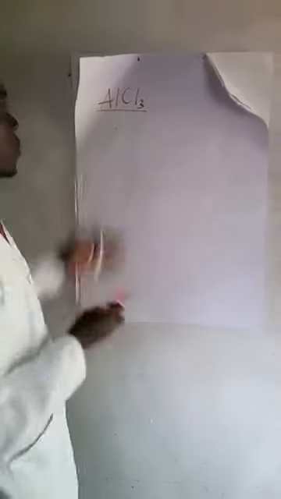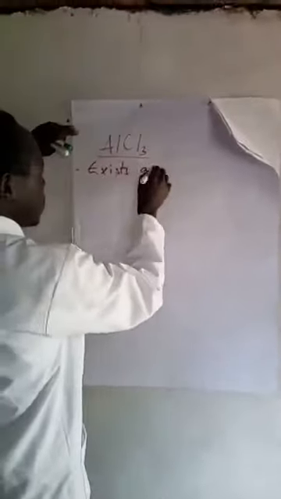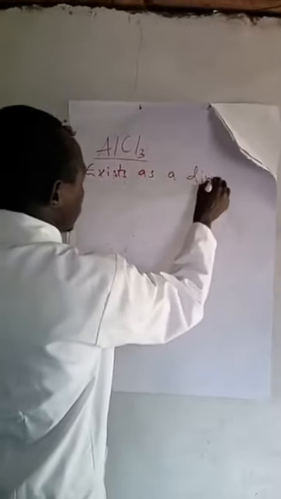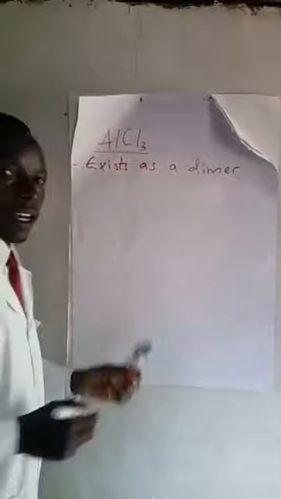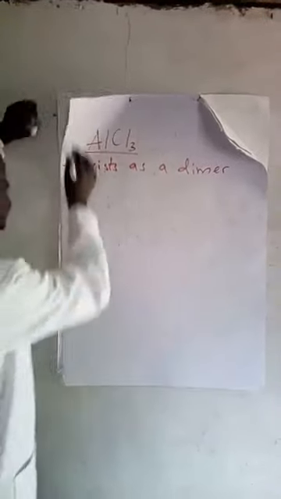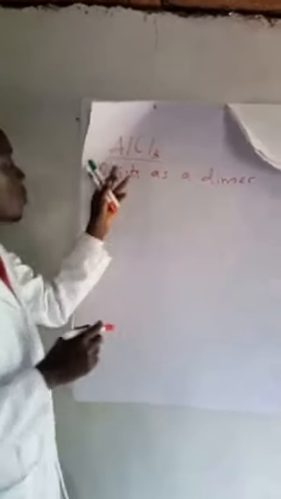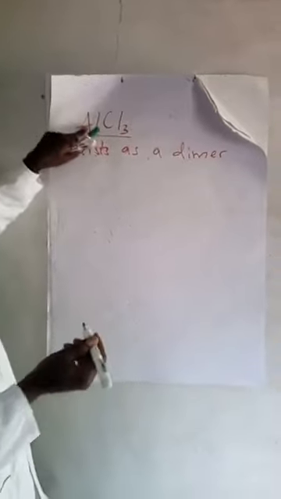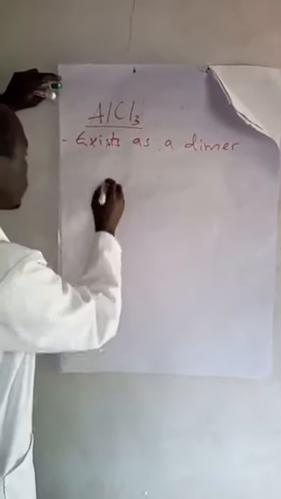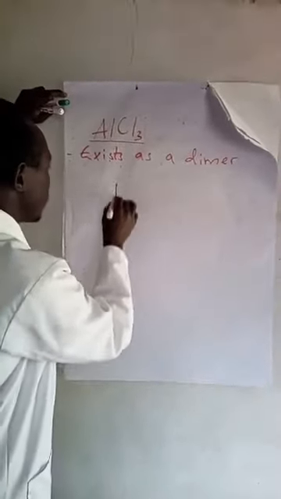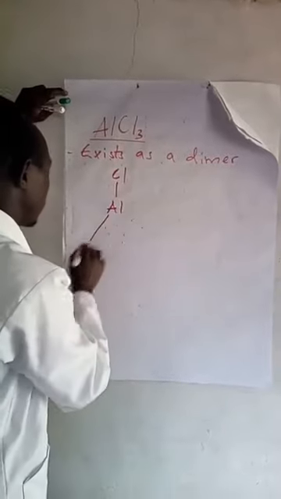Now, the first thing we need to note about aluminium chloride is that it exists as a dimer. Existing as a dimer means you have aluminium and chlorine bonding, this is a molecule of aluminium chloride, so we have 1 aluminium and 3 chlorine.